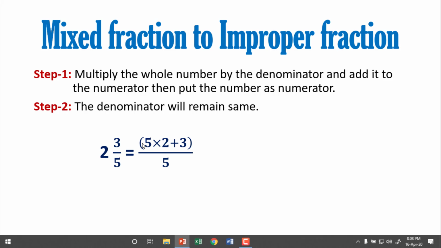So 5 times 2 is 10, plus 3, which is 13. So 13 by 5. 13 by 5 is an example of an improper fraction. So see, 2 whole 3 by 5 is a mixed fraction and we converted it into the improper fraction 13 by 5.